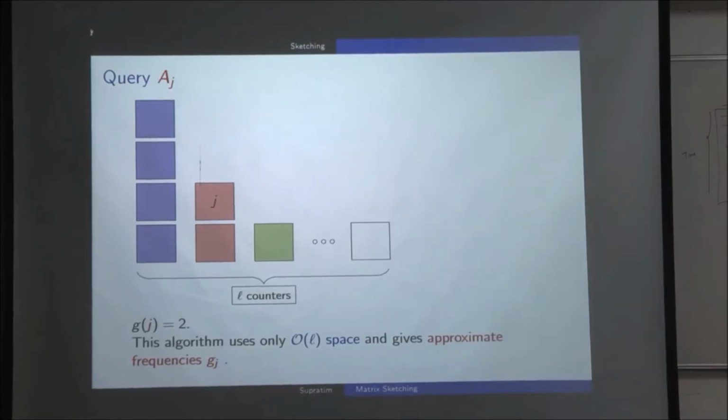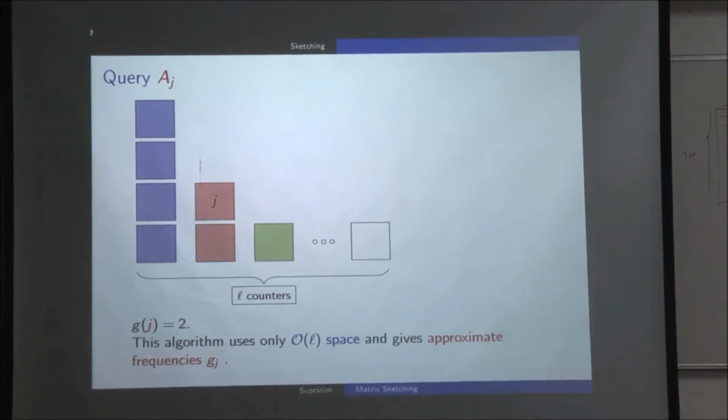Okay, so your question is whether L is constant or not. Here L depends on the approximation that we are willing to accept. If we are interested in the approximate frequency Gi lying between Fi and Fi minus n by L, that is where L comes into play.